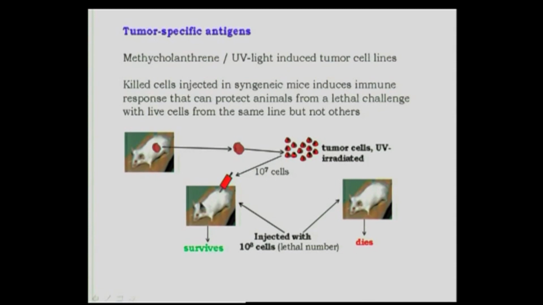When the immune cells were analyzed, this animal had T cells, cytotoxic T cells, which could respond effectively to the cancer cells, as well as antibodies that could specifically bind to these cells and also activate the complement. A healthy animal which has not received these irradiated cells earlier would die.